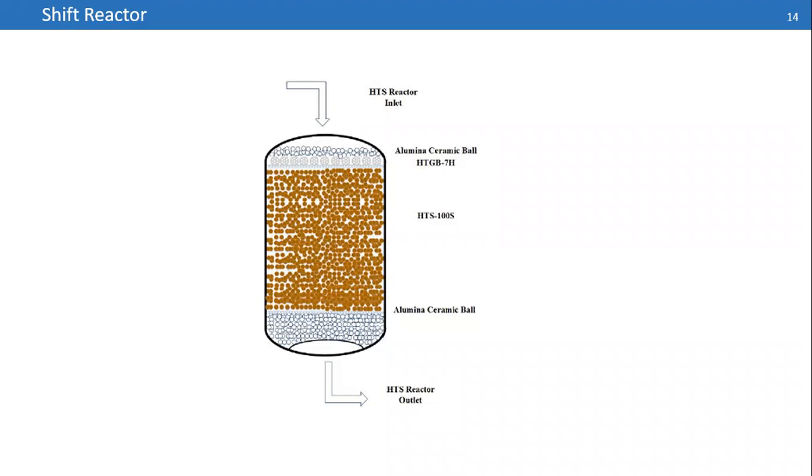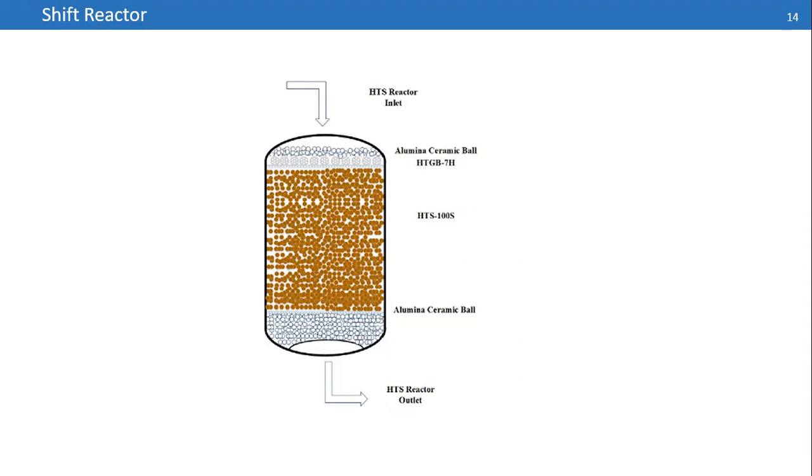A very good example of reactor design is the shift reactor. In the case of the shift reactor, syngas is inserted into the reactor.